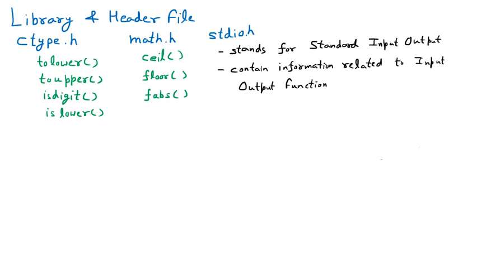So the header file which is going to deal with that is the stdio.h, and the functions which are there in the stdio we are going to discuss now. So if I talk about the functions which are present, the first function which we are having is the printf function. This function is very much popular, which we are using for printing the output on the screen.